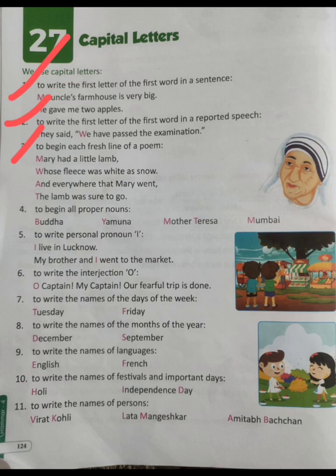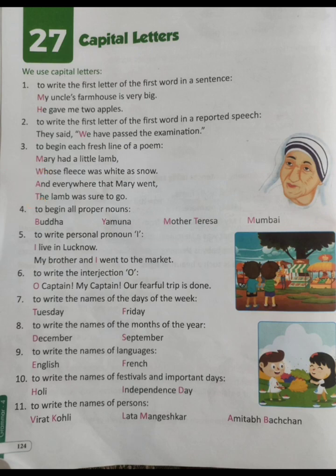In each fresh line means, बेटा जब हम poem लिखते हैं ना तो उसका जो फ्रेश लाइन होता है जो हम स्टार्ट करते हैं, उसका जो फर्स्ट लेटर होना चाहिए वो कैपिटल होना चाहिए, ठीक है. So when we write a poem, always begin with a capital letter.